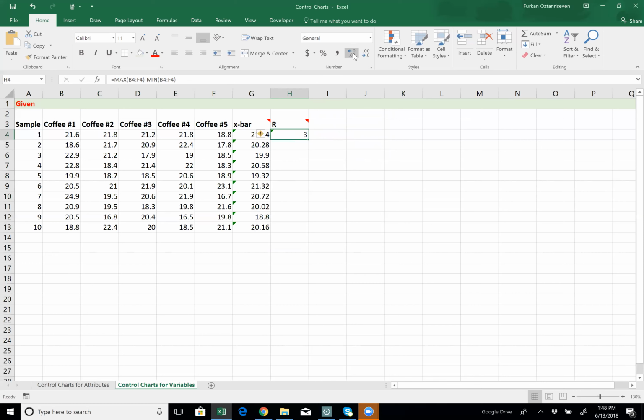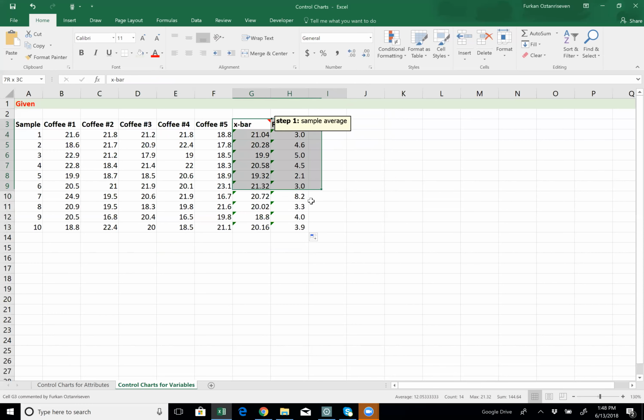This is my sample range. I will just drag it down. Can you see the sample ranges? All right, so I made these calculations, X bar and R.